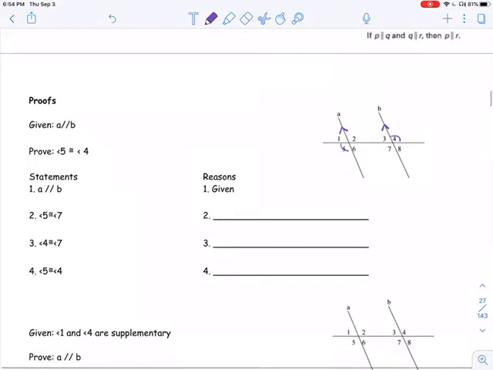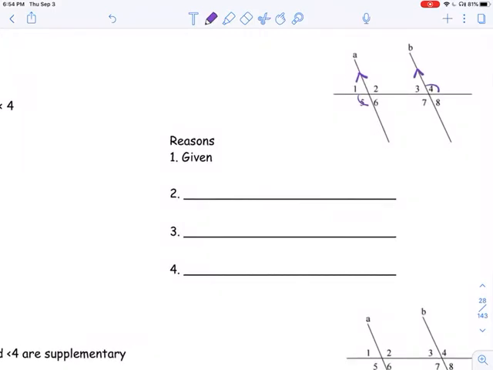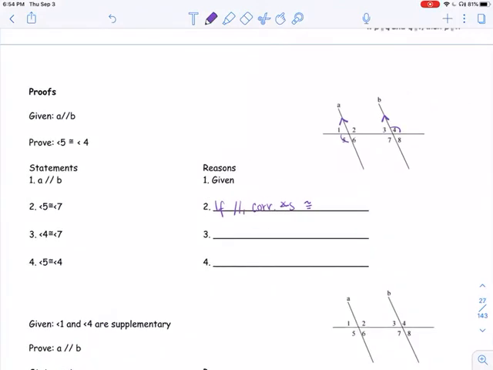So it's starting out with 5 and 7. Well, if I look at 5 and 7, I see that those two are corresponding angles. So if lines parallel, those corresponding angles will be congruent to each other. And 4 is congruent to 7.